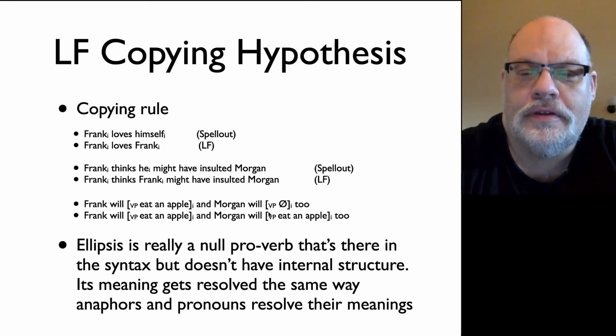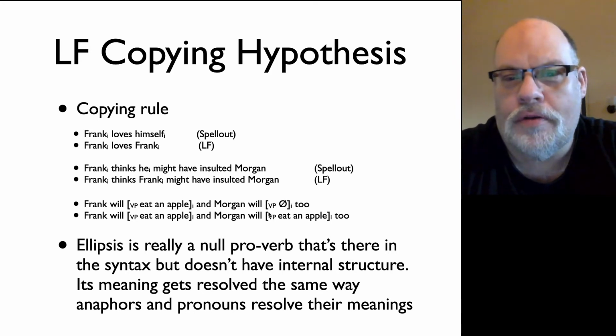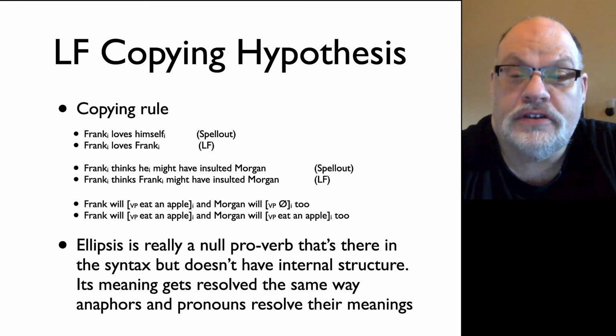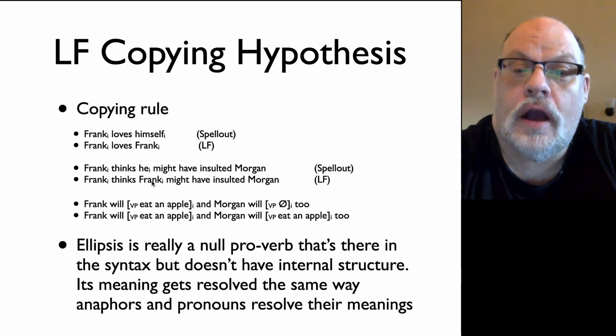So imagine there's a sort of proverb, like a pronoun, that functions like a pronoun and refers back to something else in the sentence. This null verb phrase, because of its indexation, refers back to this.